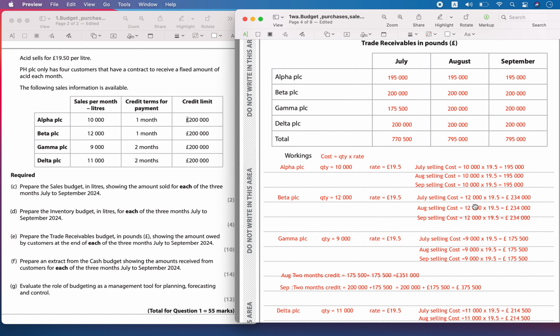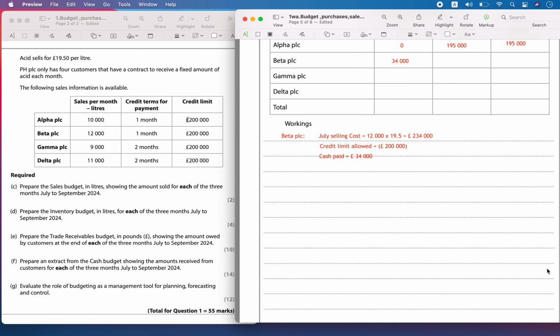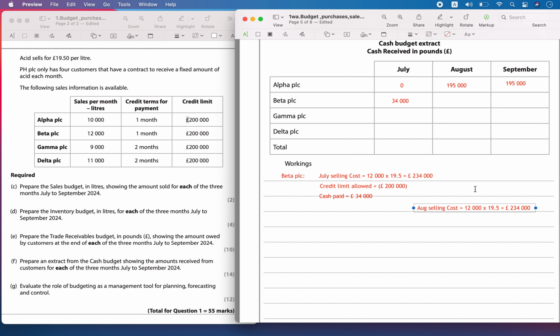Then for the next month, for Beta, the maximum limit is 200. Again, they would have to pay. For August also, it was just 1 month, and the credit limit was 200,000.